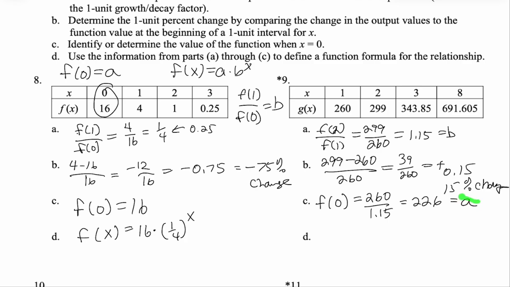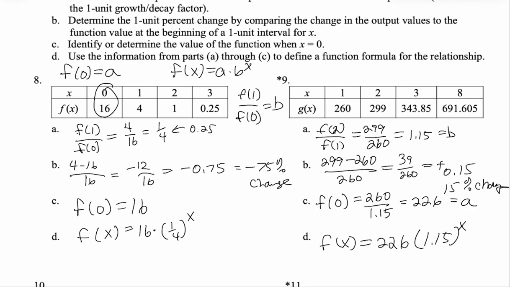So once we find our A value and our B value, we are ready to make our formula. Okay. So f of x is our A value, 226, our starting value at the 0 mark, times our 1.15 to a power of x. So how could we check?